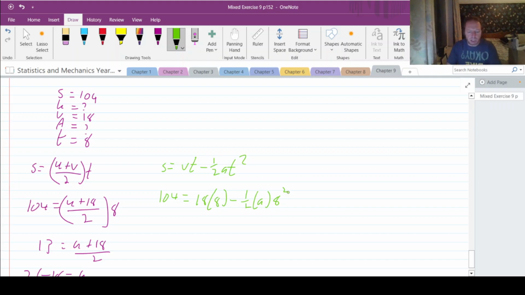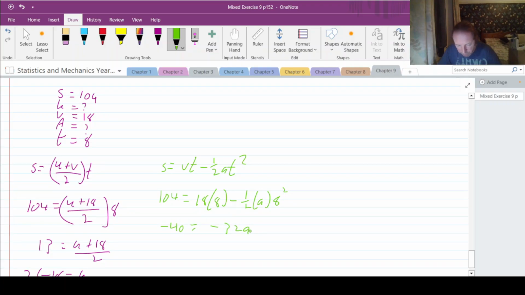Okay, so 104. What's 18 times 8 first? 144, so 104 take away 144 gives me minus 40, is equal to minus, that's 64, 32a.